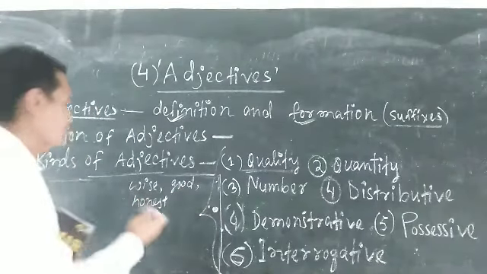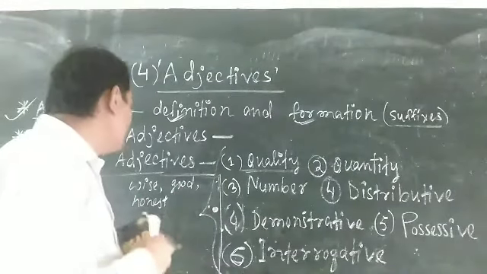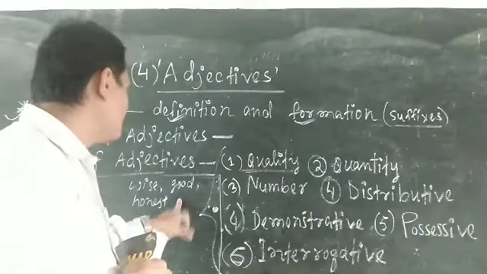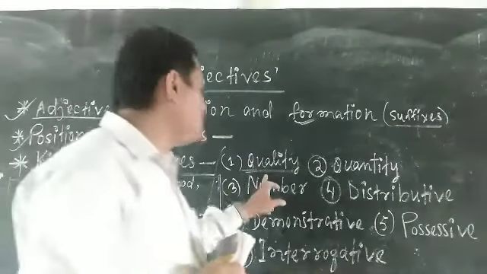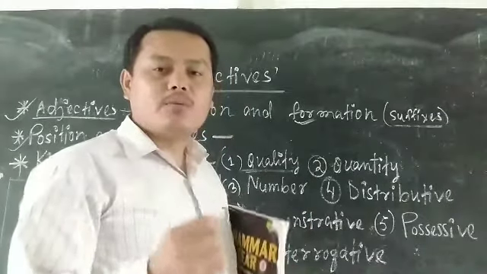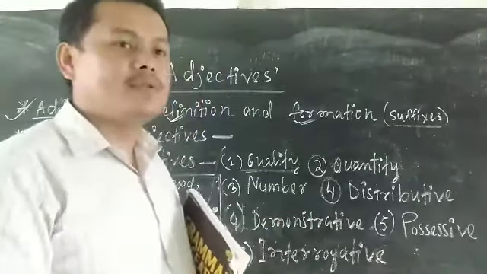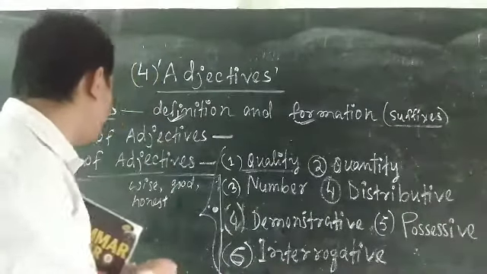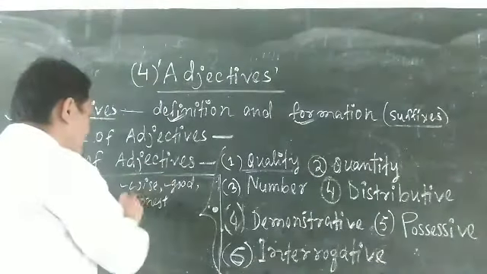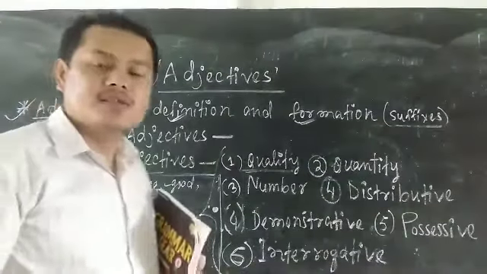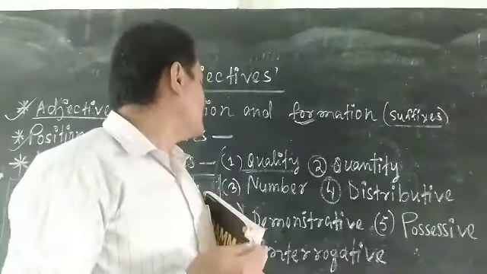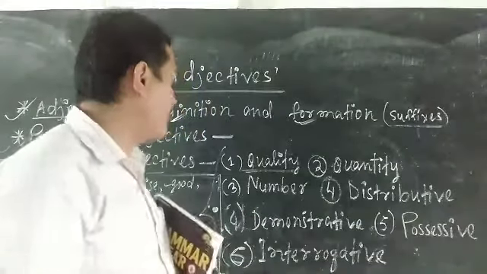These are the words which tell about the quality of a person, and these are adjectives. So you can define it: adjectives of quality are those adjectives which refer to the quality of a noun. For example, wise, good, honest, ugly, small. So this is called adjective of quality.